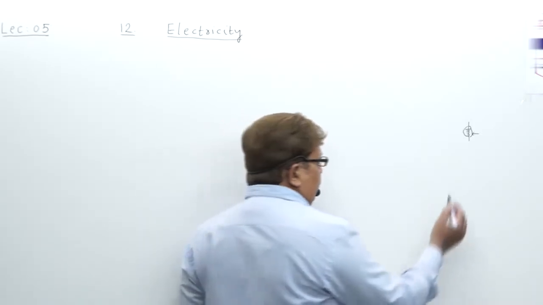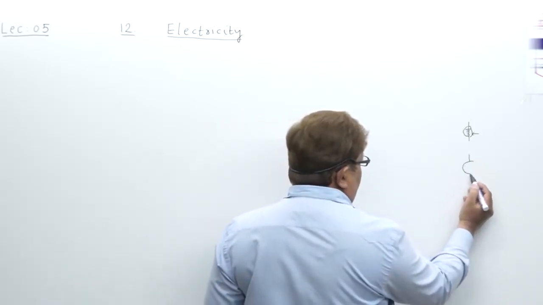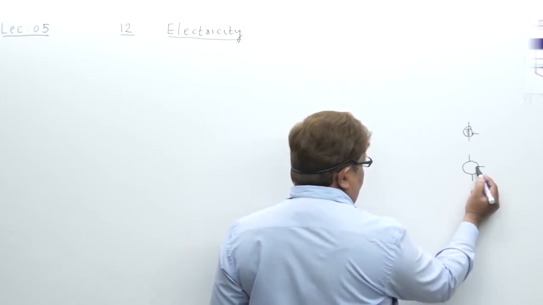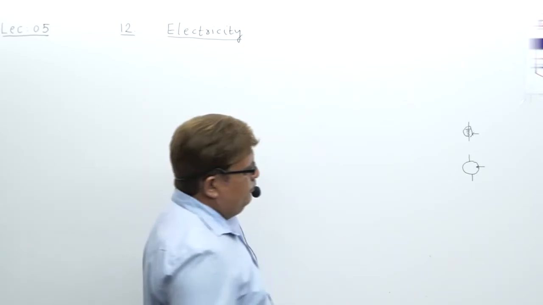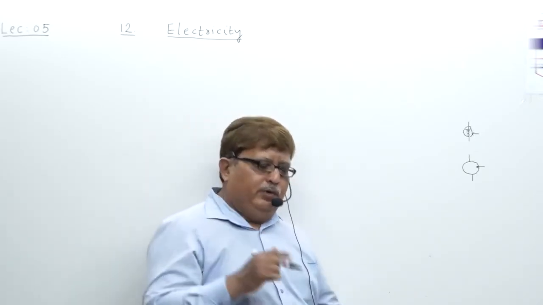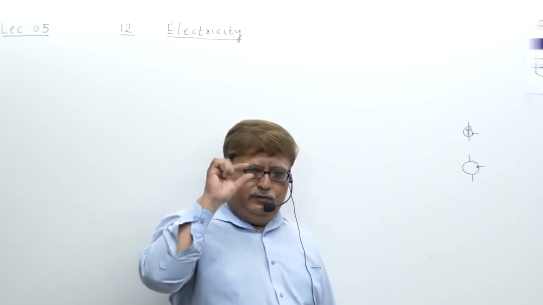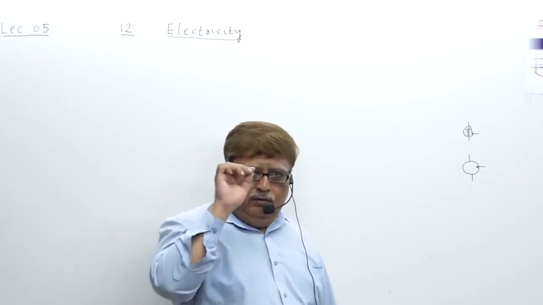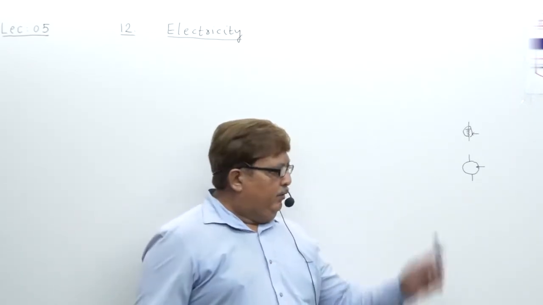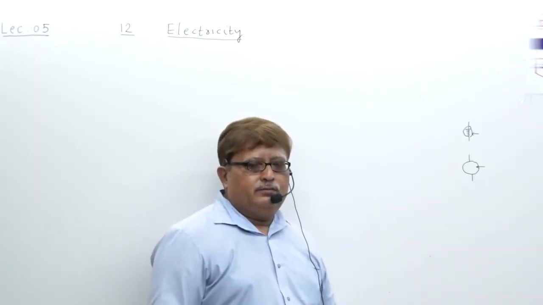At the same time, you will also find such devices which are known as capacitors. Resistors are of the type, and on that resistor there are color codes. Actually that color code is not a fashion highlight.